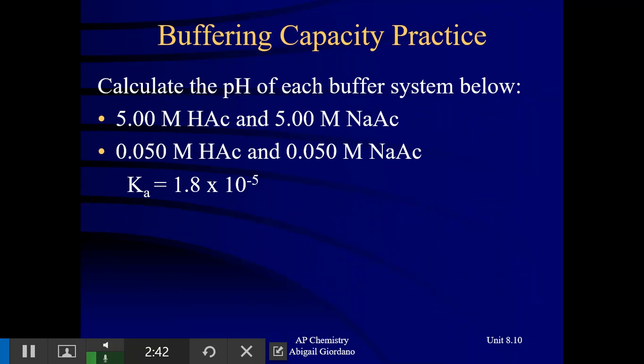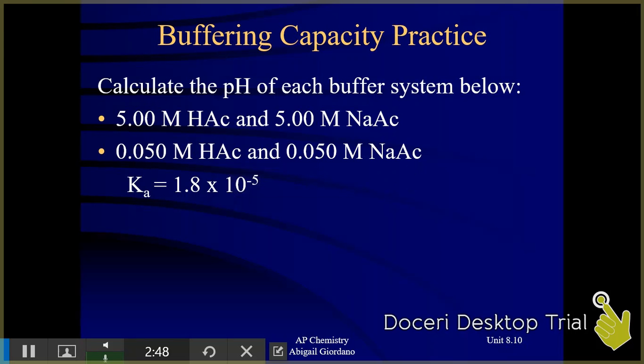So if you look at this example, it says calculate the pH of each buffer system below. HAc here is just a shorthand way to say acetic acid, and then this is sodium acetate. So these are definitely buffer systems because I have a weak acid and here is its conjugate base.